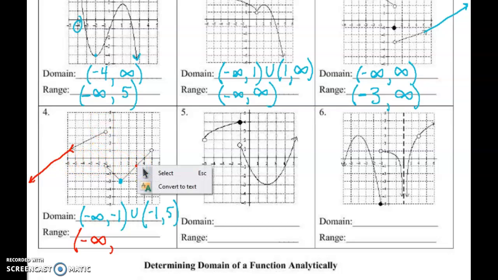We also don't need to mention y equals 1, even though it's open, because there's a defined y equals 1 somewhere over here.